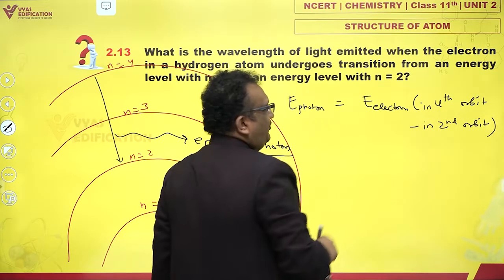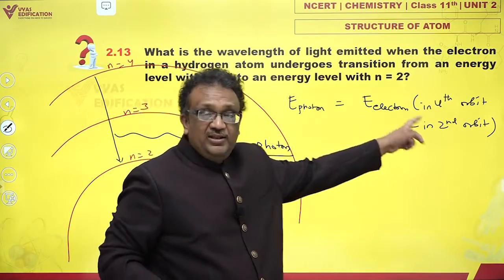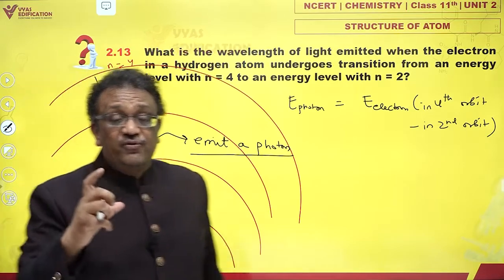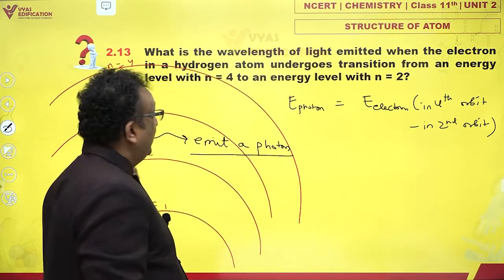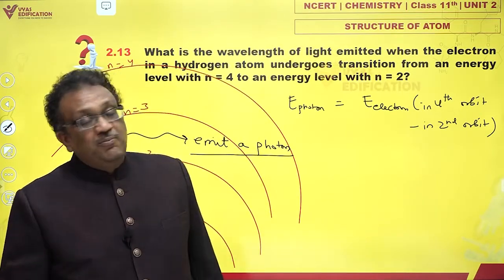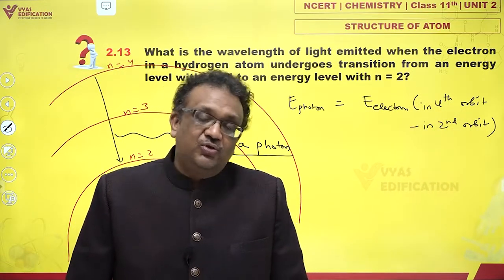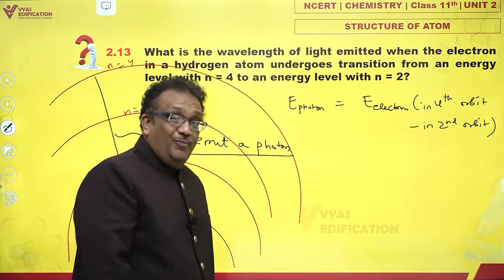You take the energy difference of electron in the higher shell and lower shell, and the difference of energy is accounted for by the energy of the photon which has been emitted. This is simple Bohr's theory, the theoretical background of Bohr's theory. Do we have a formula? Yes, we do.